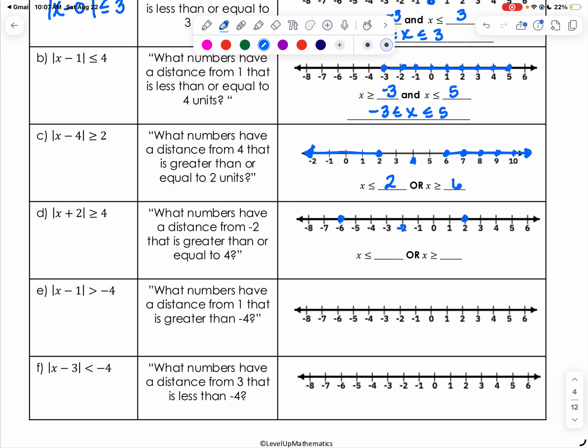So I want numbers that have a distance from negative 2 that's greater than or equal to 4 units. So that would be all the numbers in this direction and all the numbers in this direction. They have a distance that's greater than or equal to 4. So X is less than or equal to negative 6, or X is greater than or equal to 2.